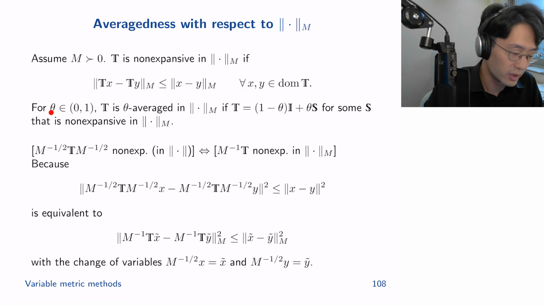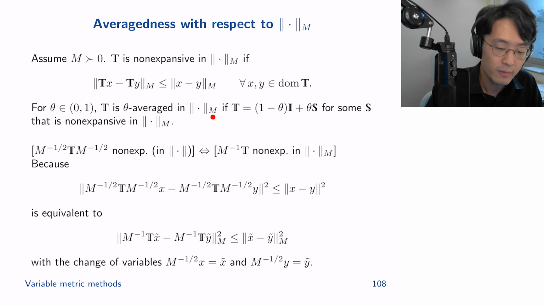And for theta between 0 and 1, we say T is theta averaged in the M norm if it is a convex combination of the identity mapping and a non-expansive operator S, where S is non-expansive, again, in the M norm.